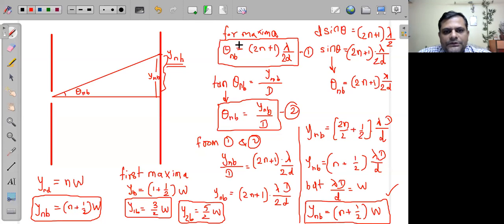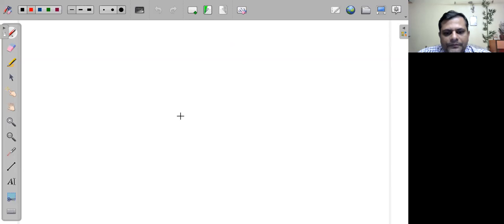Okay, chalo, theek hai. So let us see the next topic in this chapter. See what happens is, suppose there is a point object at this point here. And in front of it, if we place a lens, suppose we have kept the lens here, and suppose there is a screen kept at the focus of the lens.